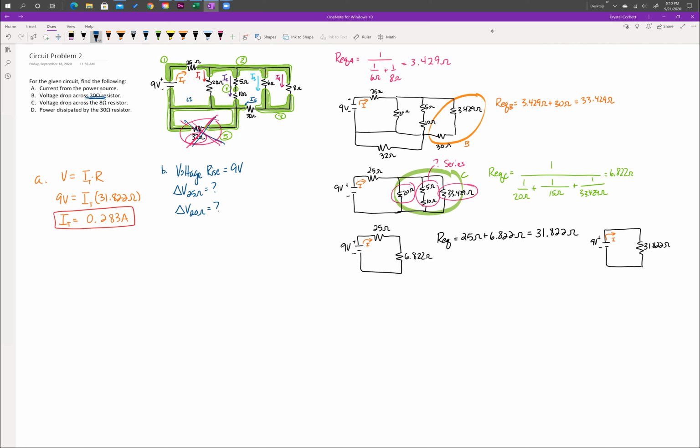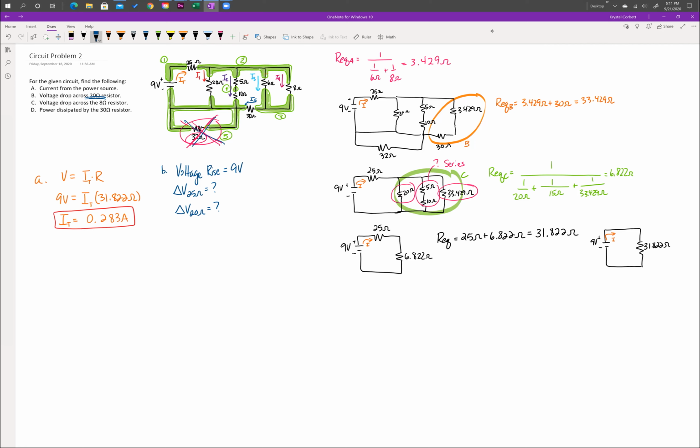So in order to solve this problem, there's a few ways that you can approach it. One is to determine what that I1 value is. However, that will prove to be difficult because we don't know the voltage drop across the 20. We don't know the current. We only know that it's 20 ohms in resistance. What we do know is the current that passes through that 25 ohm resistor has to be the current that leaves the power source because it hasn't split yet.